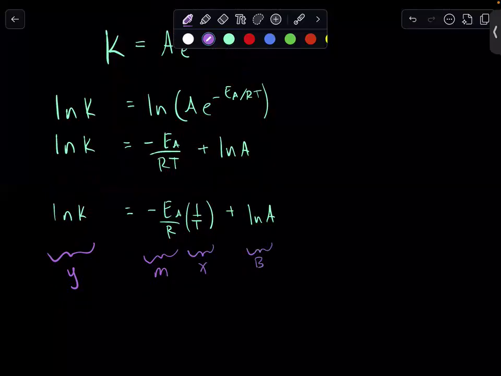This is the equation for a line, y equals mx plus b. I'm going to switch that to a lowercase b.